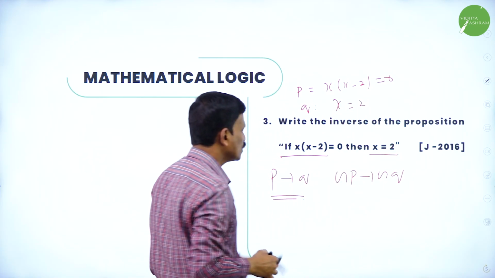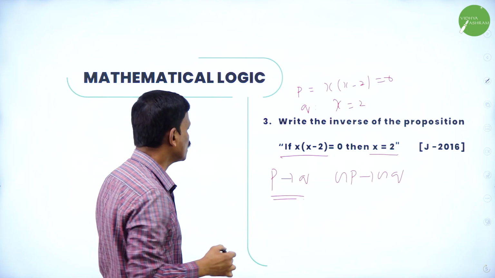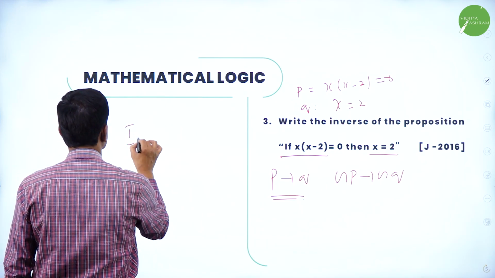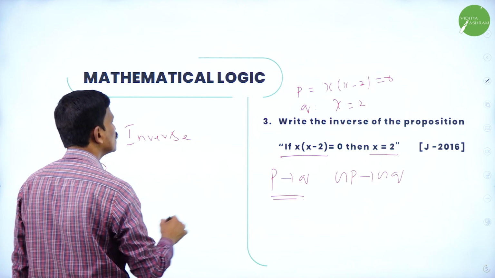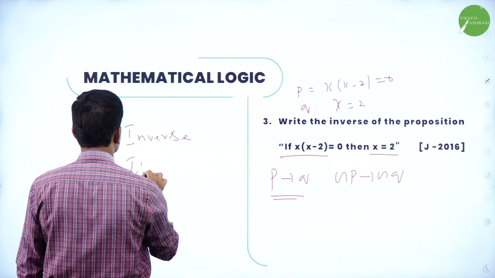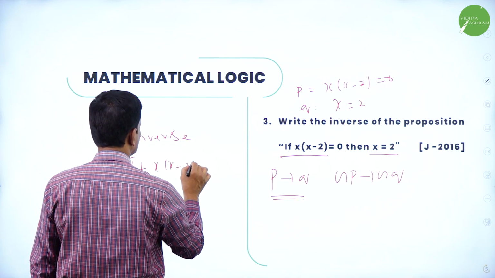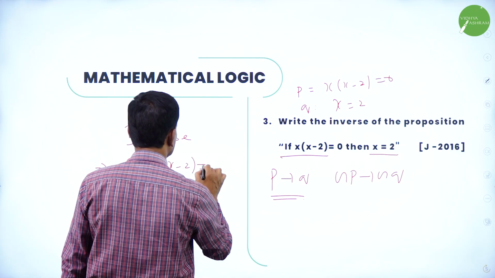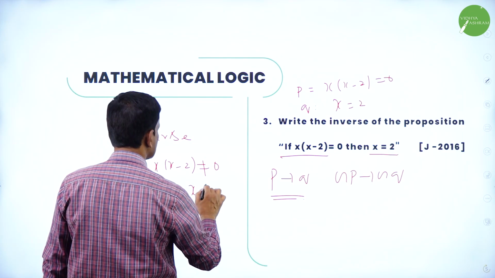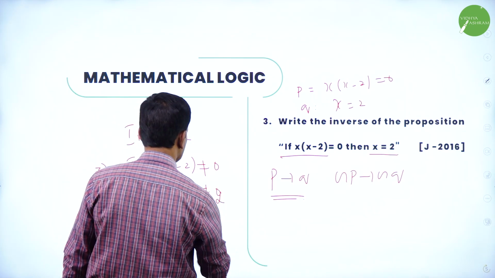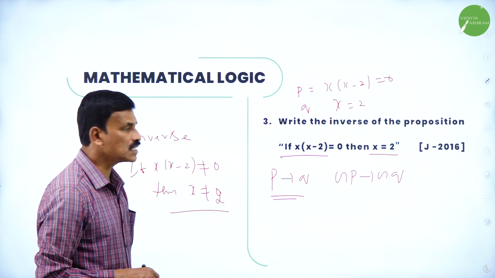So the inverse of the given statement is: if x into x minus 2 is not equal to 0, then x is not equal to 2.